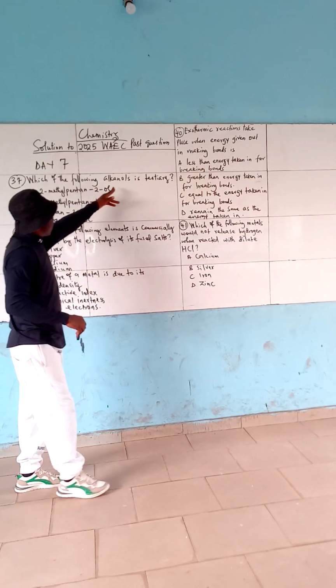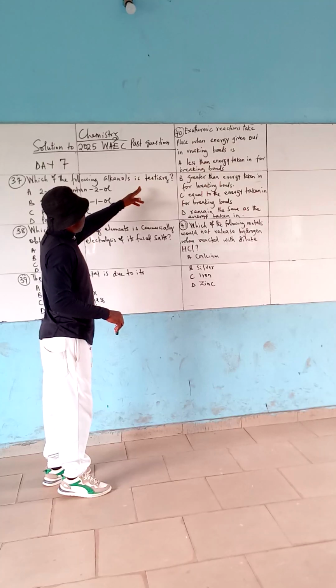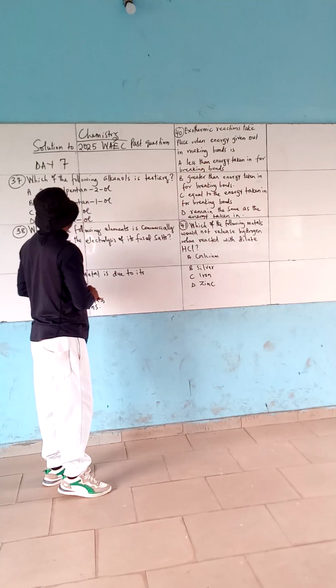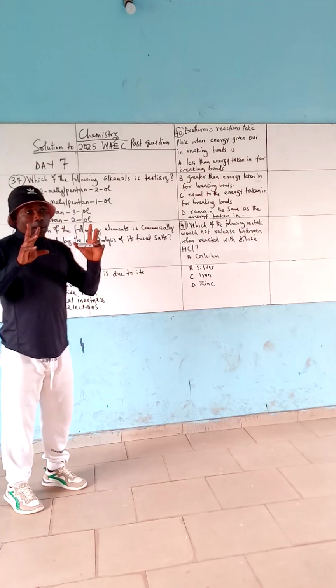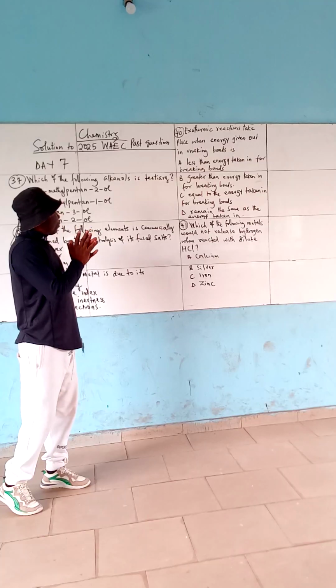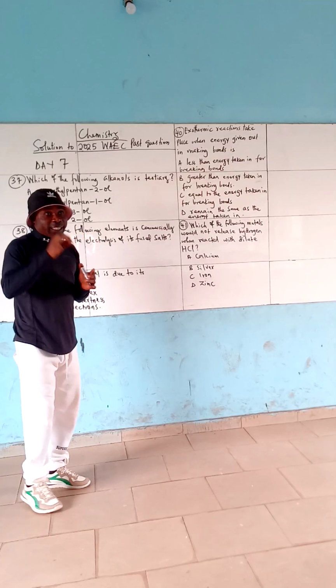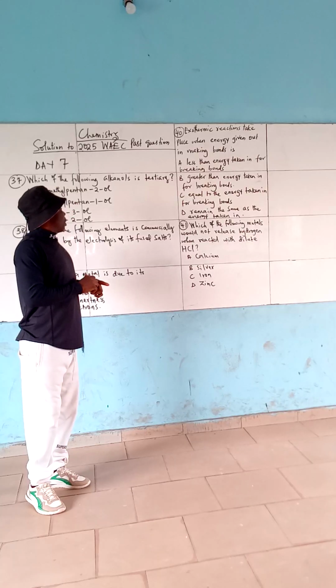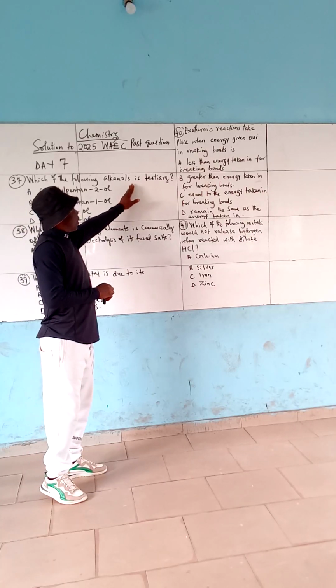Which of the following alkanols is tertiary? Depending on the number of alkyl groups attached to the carbon atom bearing the functional group, that is the chiral carbon, alkanols can be divided into 3.